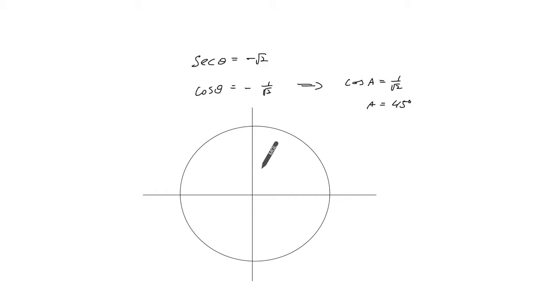Okay, so we want it to be minus 1 over root 2. So let me draw this 1 over root 2 first, if the radius is 1. Okay, so here's 45.